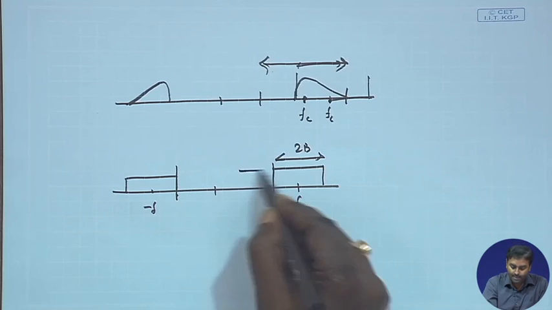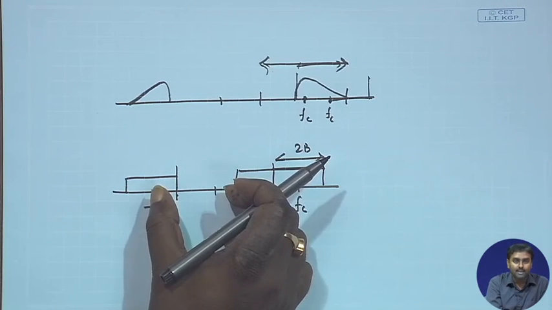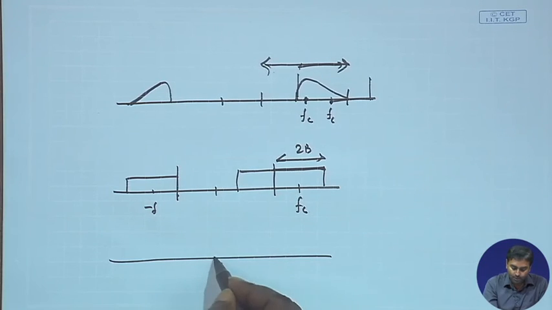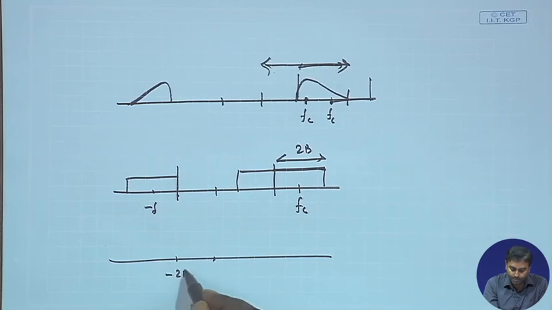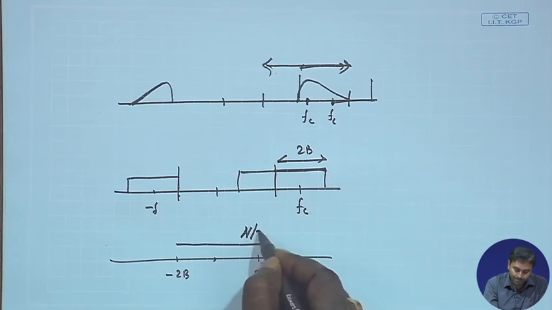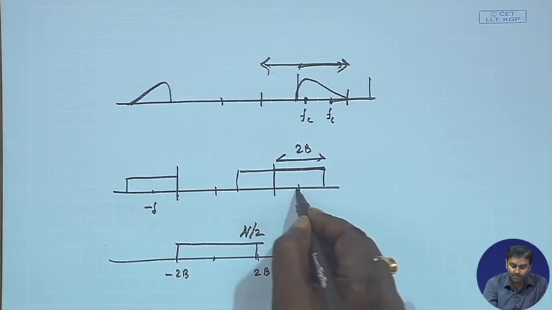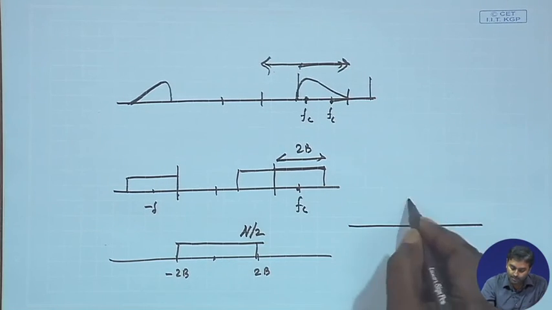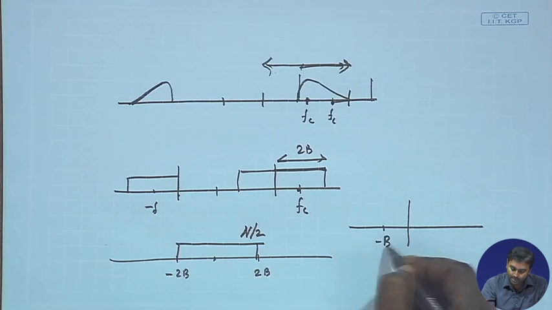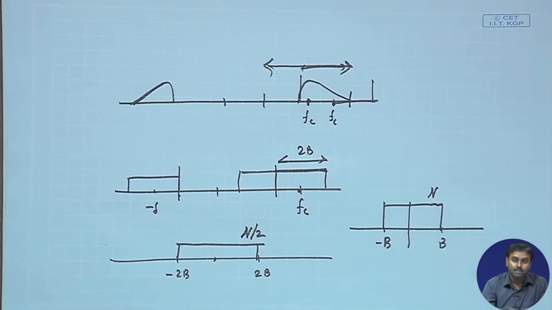Then the band has to be taken as this, that will be 4B, and then if I translate this, what will happen, the overall band will be from minus 2B to plus 2B and the strength will be just eta by 2. Earlier, because I had defined it at the center, the representation was from minus B to plus B and the strength was eta, right.